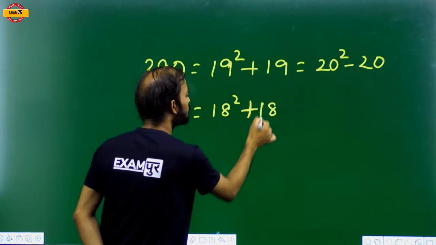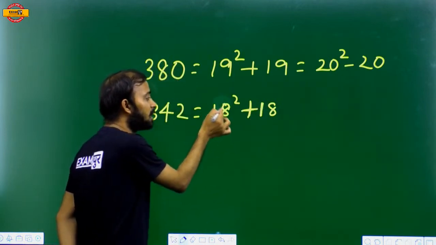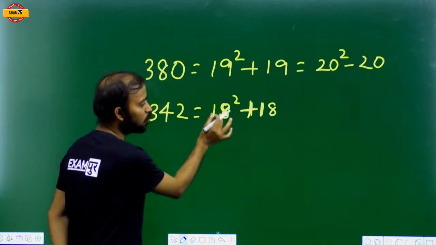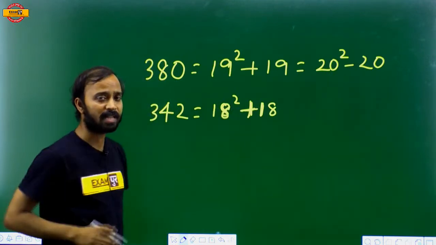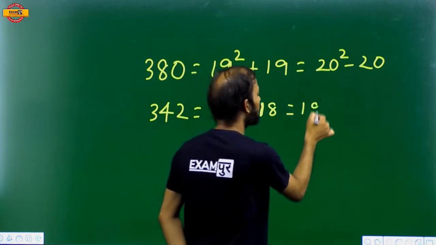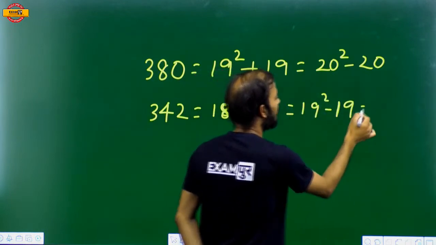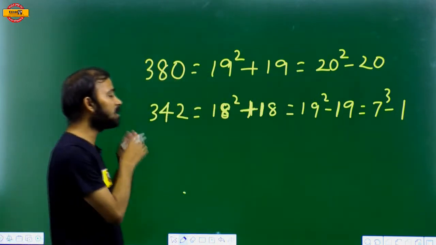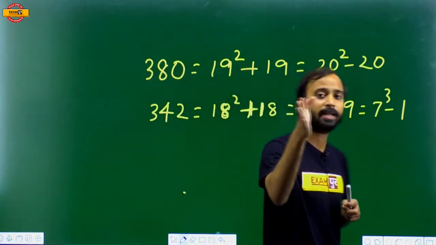This is the special square number: the square of the same number plus the same number, x square plus x, y square plus y, z square plus z. So 19 square minus 19, and in cube form, 7 cube minus 1. Just check whether any number is related to squares and cubes or not.